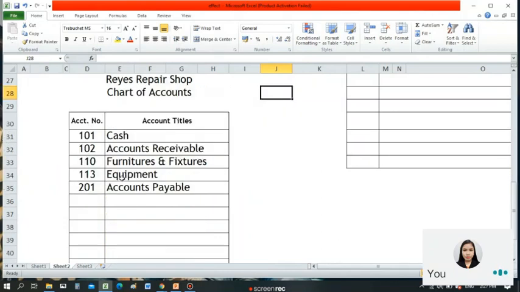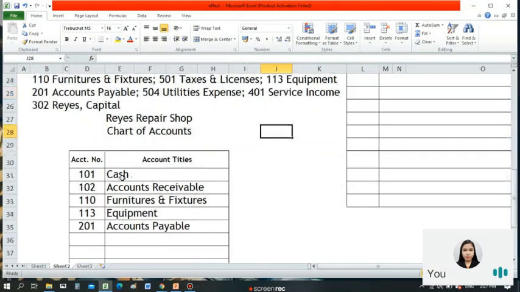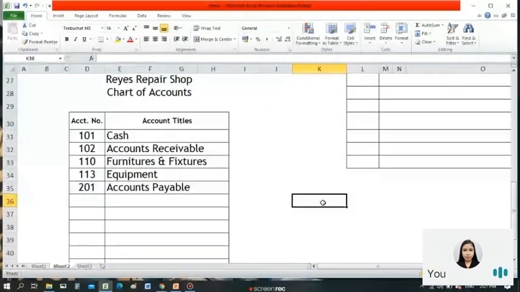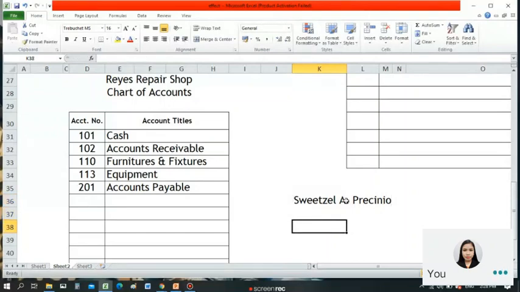By the way, in writing the proper capital and drawings, for example, the owner's name is Witzel A. Presiño. How will you write the owner's capital? It must be the first name initial, and then the surname. Don't forget the comma and then the word capital.